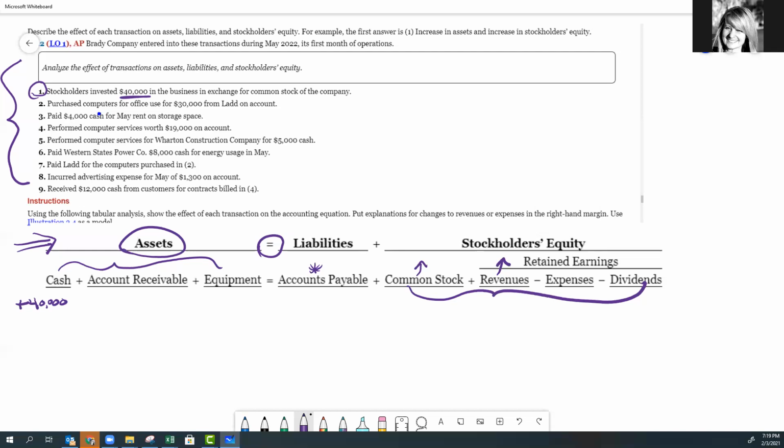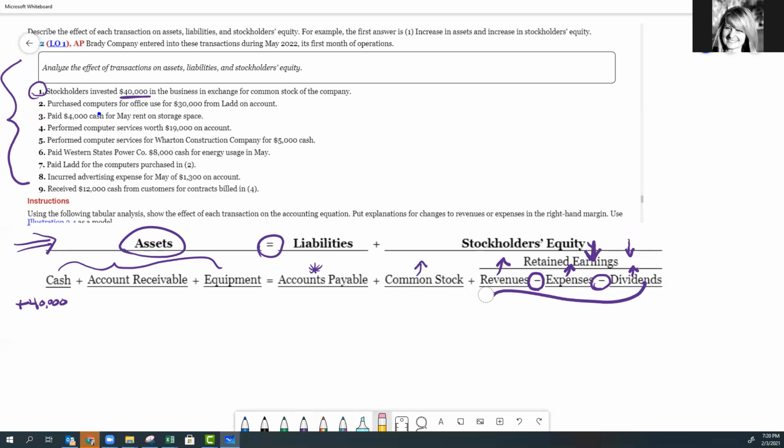When expenses go up, owner's equity goes down. So we have a minus sign here because expenses are going to make owner's equity go down. And then we have dividends, same thing. Dividends make owner's equity go down. When dividends go up, owner's equity goes down.